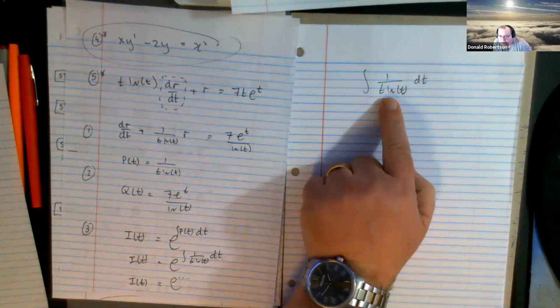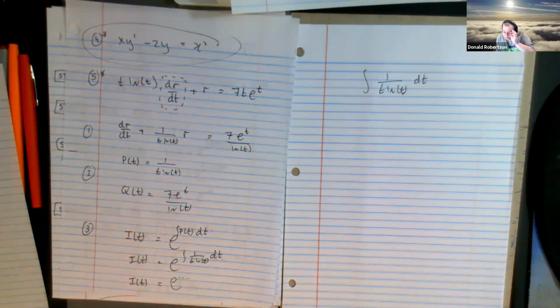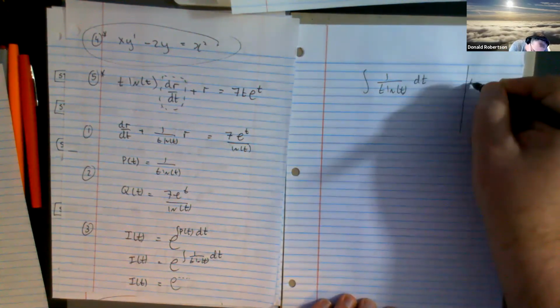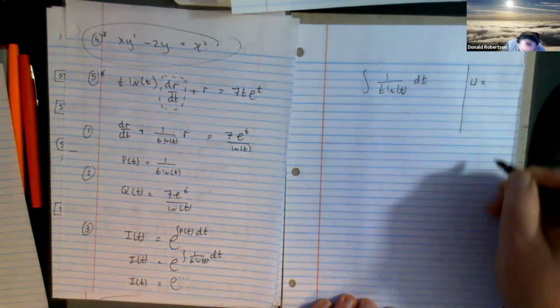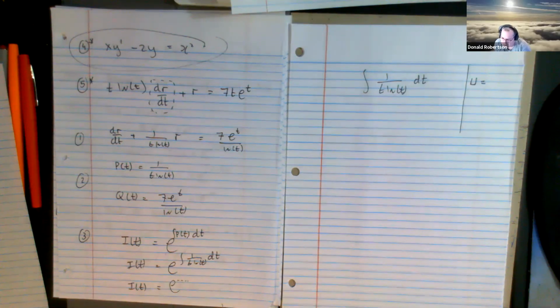What method will I use to integrate this guy? U-sub or integration by parts. That's really the only two methods that make sense here. Got you thinking. U-sub, agreed. And just to make life even weirder, it's not a normal kind of u-sub, it's kind of a weird u-sub.